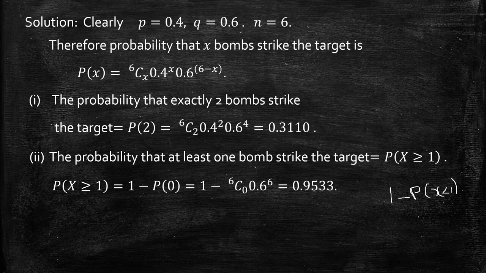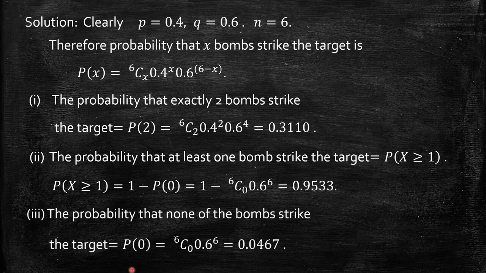Substituting x equal to 0, which gives 6C0 into 0.4 power 0, that is 1, into 0.6 power 6 minus 0, that is 0.6 power 6. By calculating we get 0.9533.